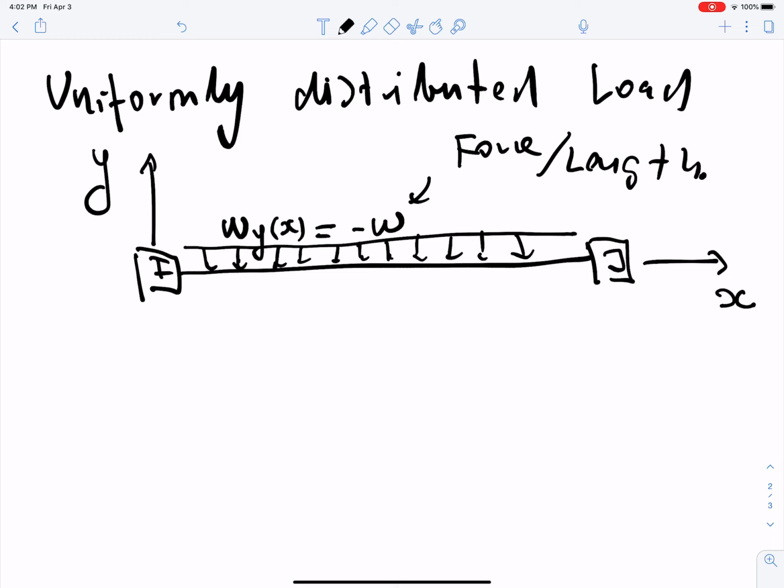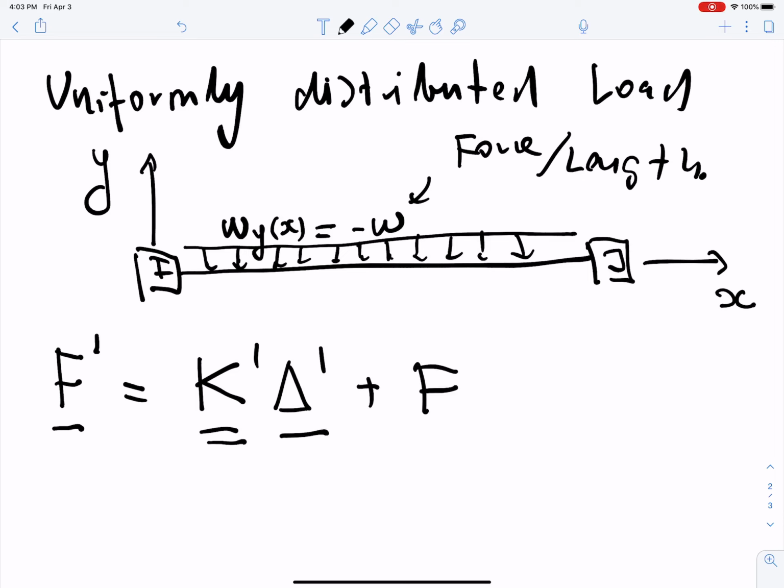Now, for the purposes of our derivation, remember that the loads are modeled as follows. We'll think of the element force vector as decomposed into the element matrix in a local coordinate system times the generalized displacements, plus f prime f.